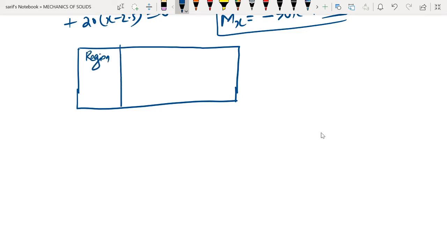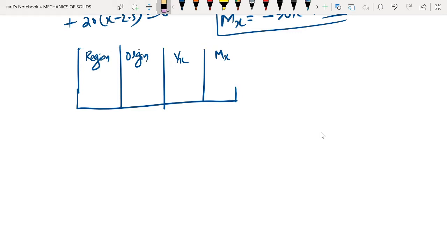The first column should be region, and the next column would be origin. The third column, let it be Vx, and the fourth column, let it be Mx. Mx should be a slightly larger column.